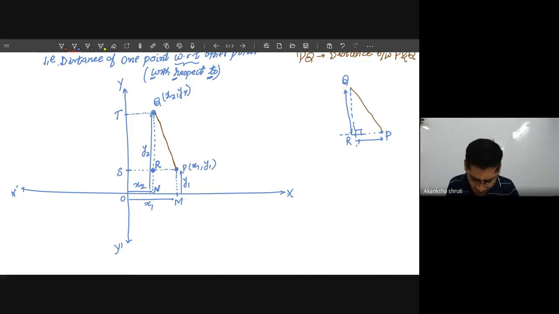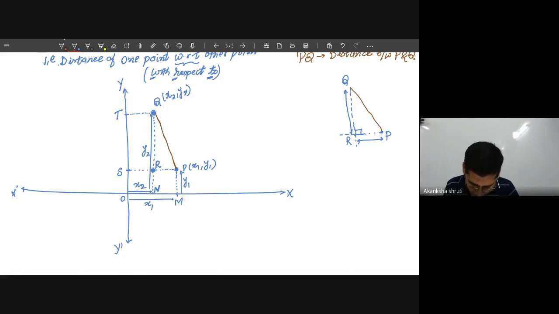Student, how can I calculate this RP? Observe the x-axis carefully. Here OM is x1, ON is x2. So PR will be the same as MN.